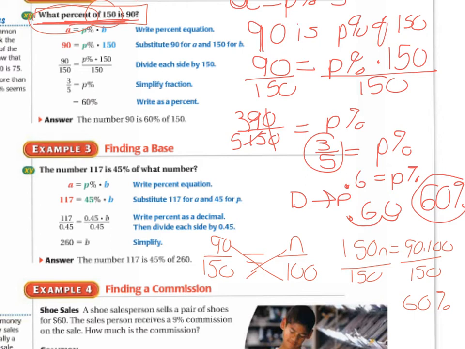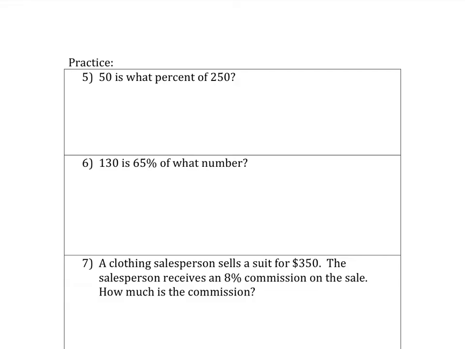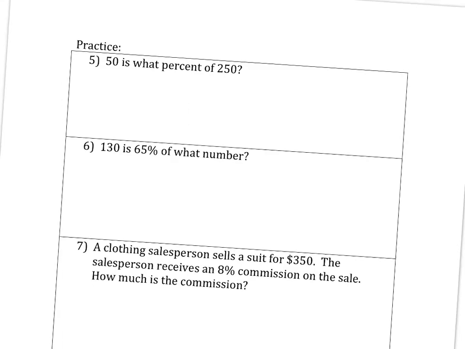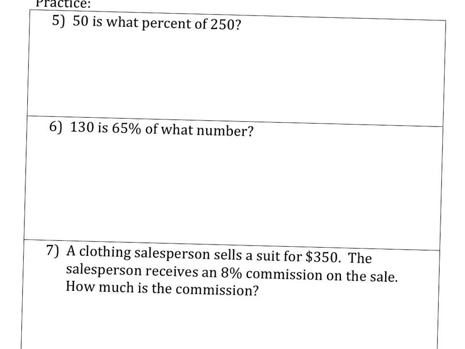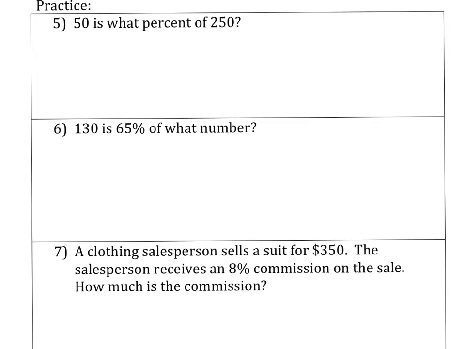Okay. I'm going to go to the next page, and then I may come back to these. 50 is what percent of 250? I think it's going to be fine if we just do these problems. So if we're doing it as an equation, we would have to go 50 equals P percent of 250.